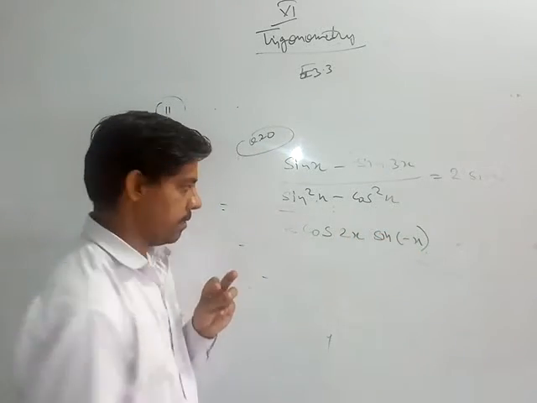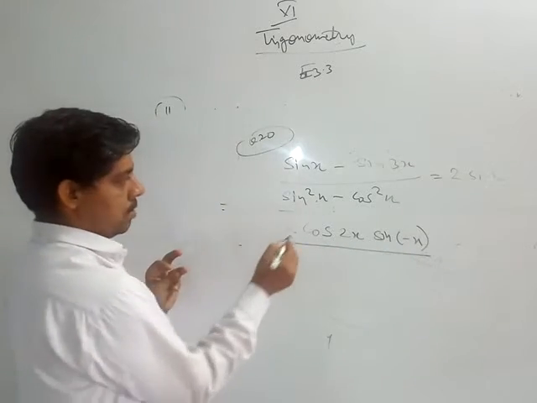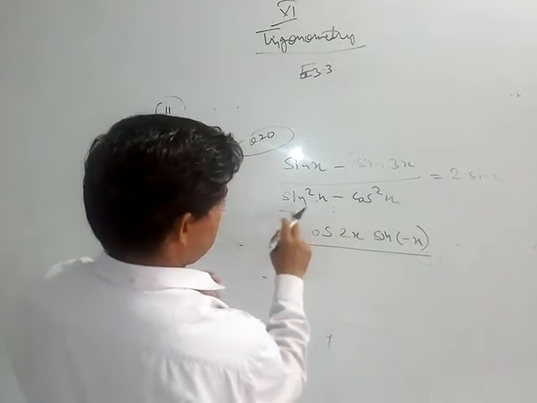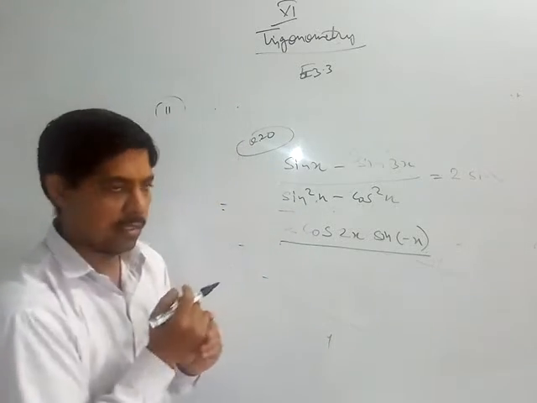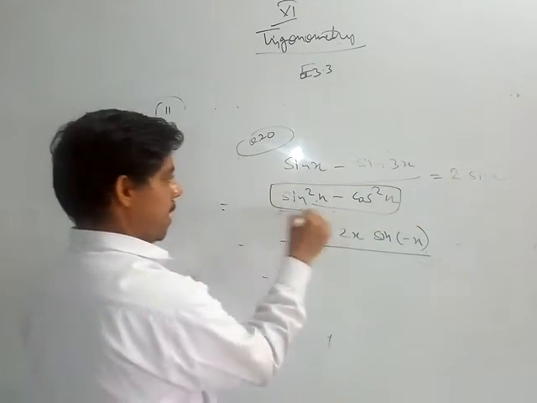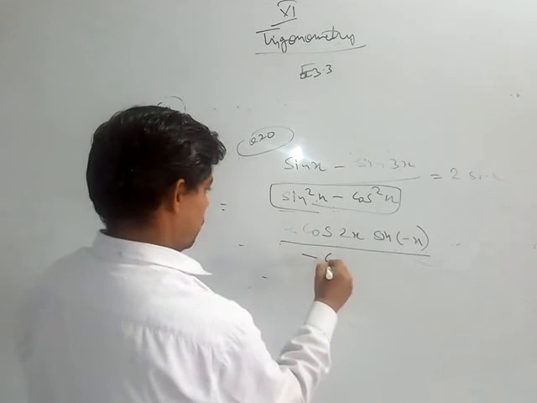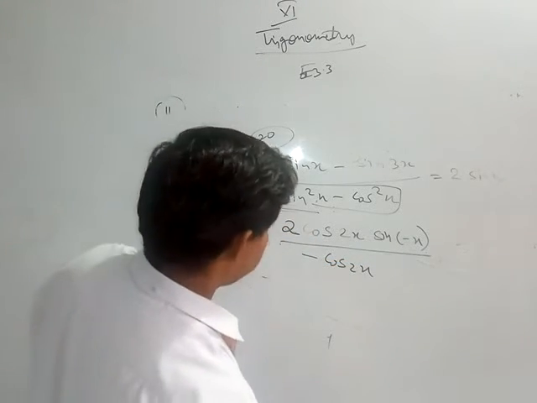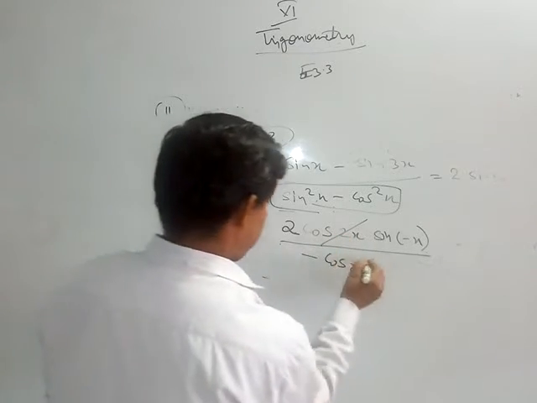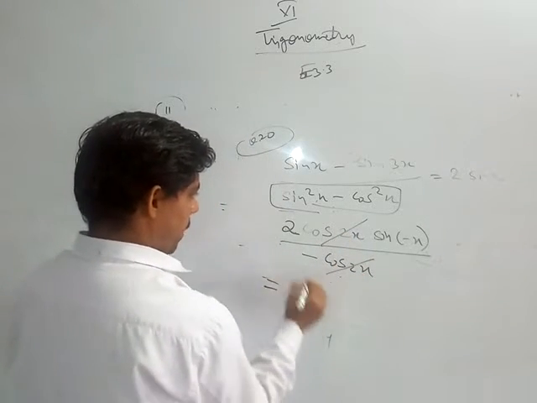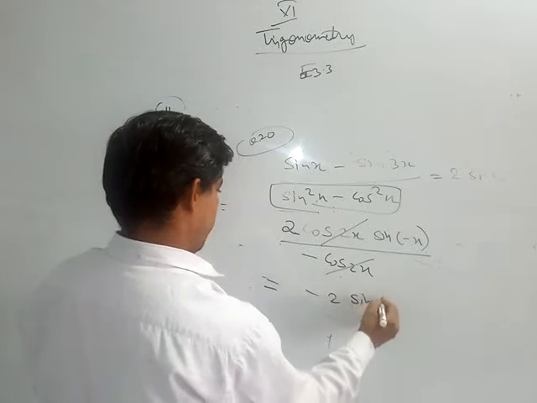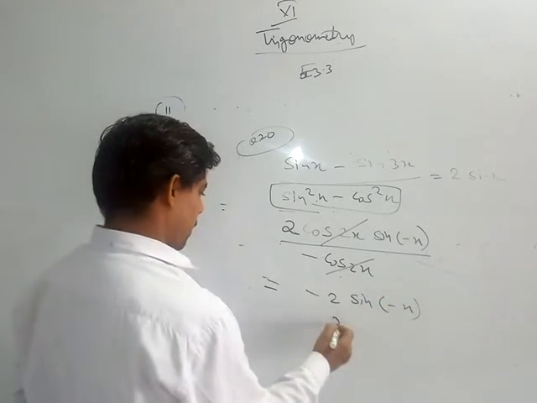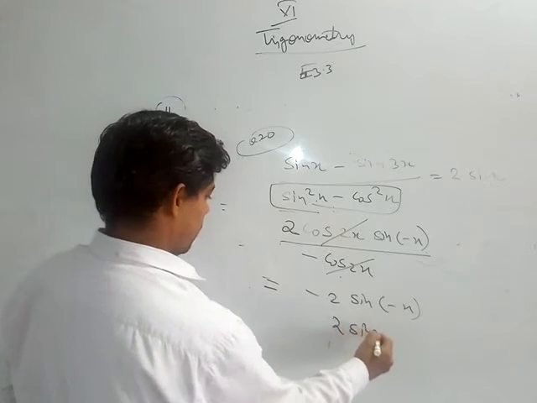Upon this, I can write minus cos 2x, as it is. This identity is of minus cos 2x. So minus cos 2x, and this is plus. These two get cancelled, and we are getting minus 2 sin minus x. Minus we can take out of sin, so this will become 2 sin x.